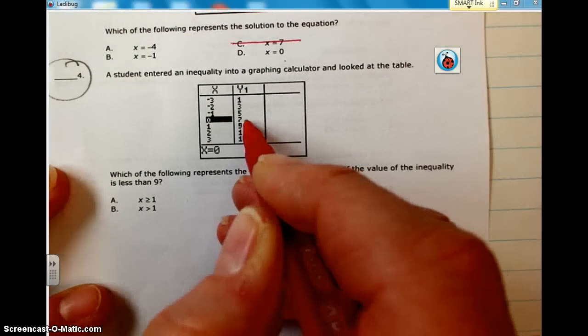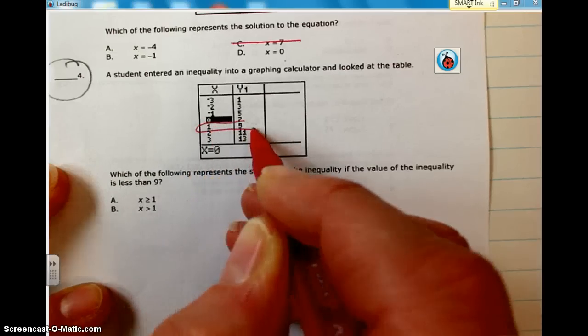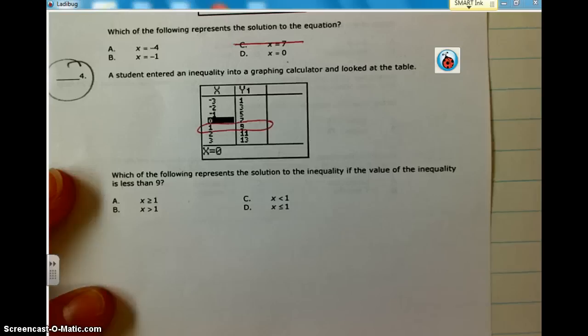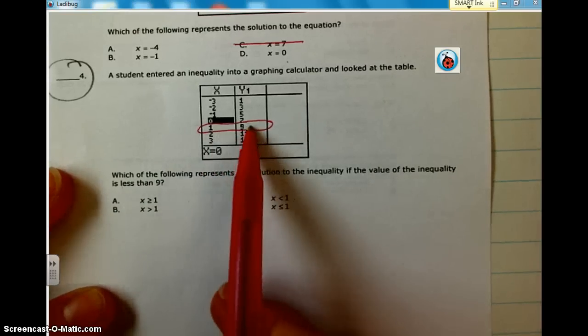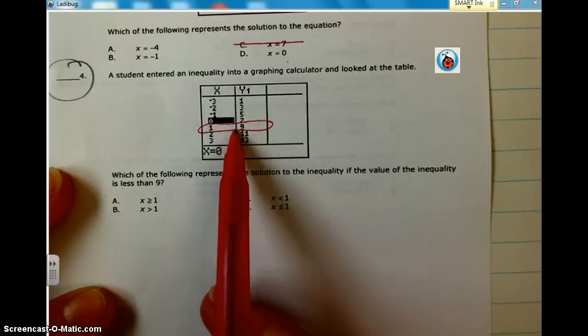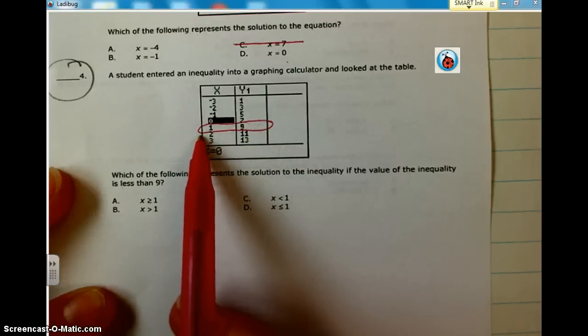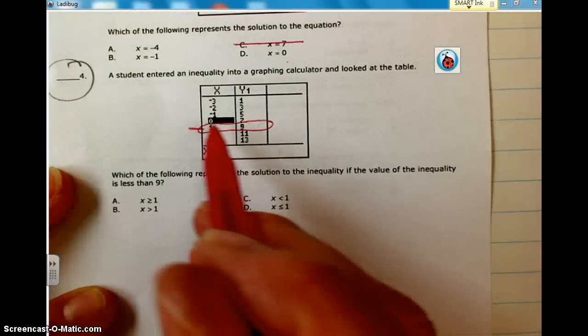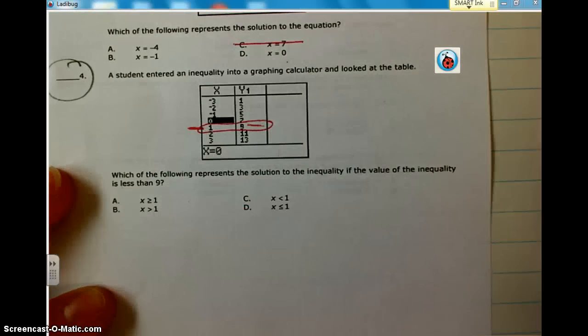So we are looking for 9 in our table in the y column because that's the value of the inequality. We can see that the value of the inequality of 9 has an x value of 1. So 1 is going to be our determining factor. We're going to use 1 as our reference point.